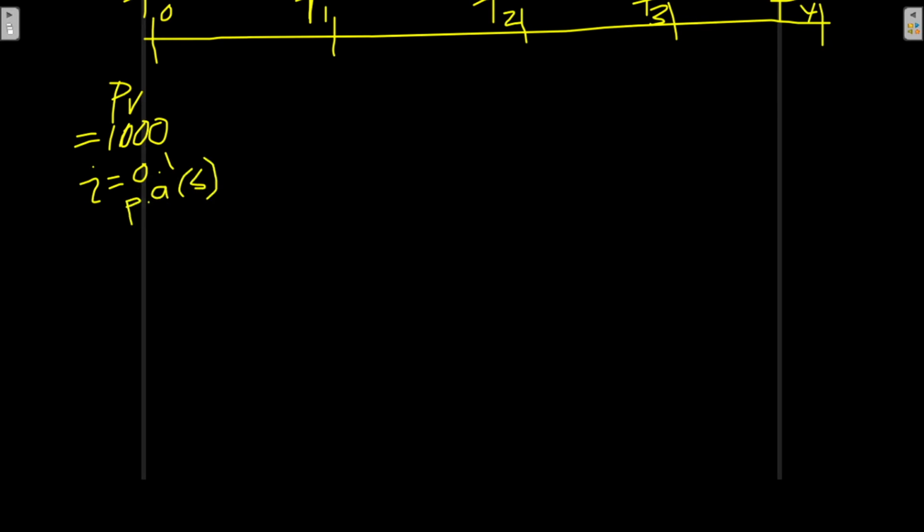So let's first start with simple interest. If I have a time period of, let's say, 4 years, T0, T1, 2, 3, and T4, and I invest an amount of 1,000 rands, and my interest is 0.1 per annum, and it is simple interest.